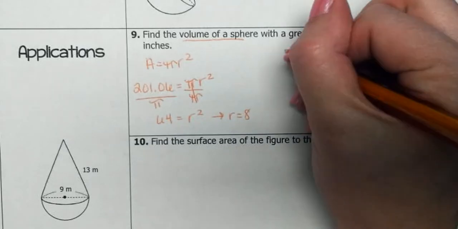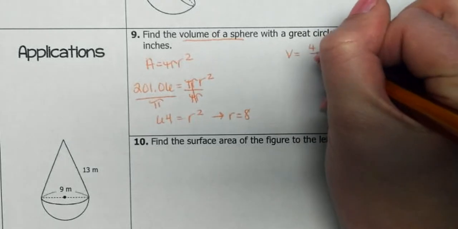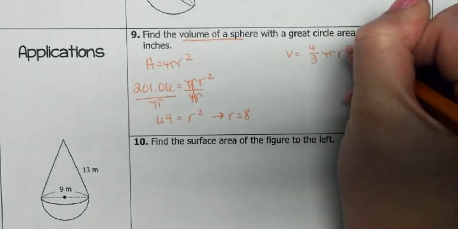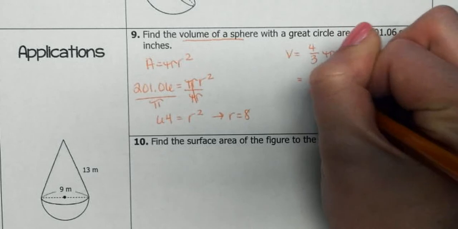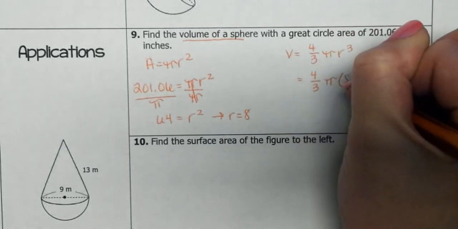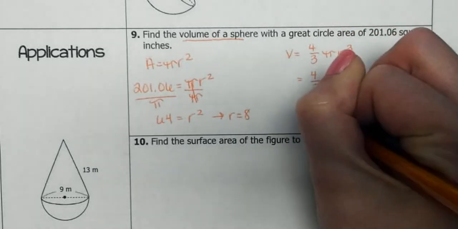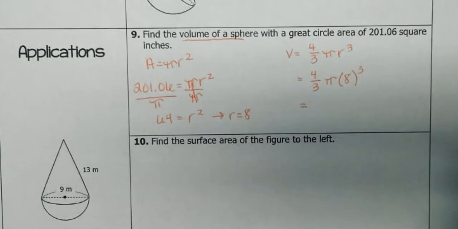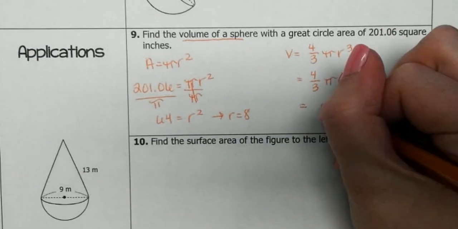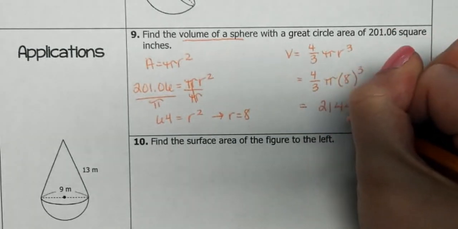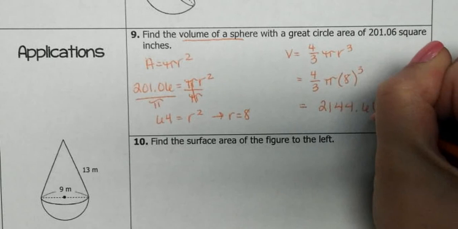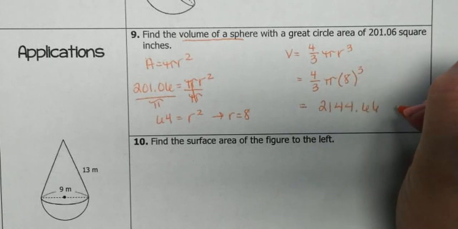My volume formula for a sphere is 4/3 pi r cubed. So I have to plug in my radius that I found. So plug it in, and you get 2,144.66, and this is going to be inches cubed.